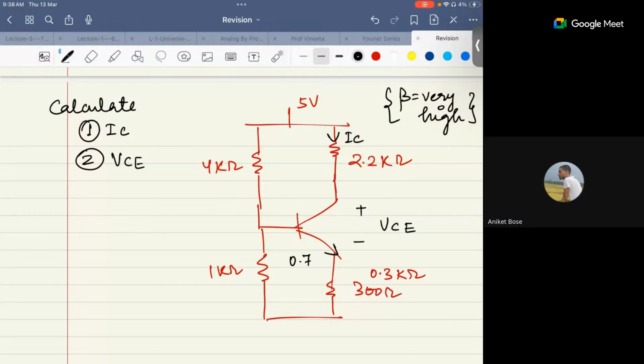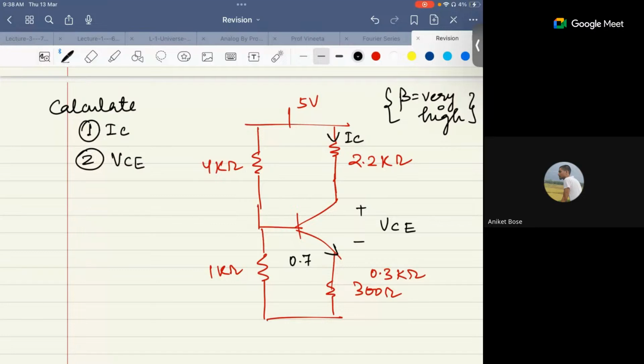Also, BE should be in forward bias, then only it will work in the forward active region. You can apply a voltage higher than 0.7, but the only thing is that BE should be forward biased.